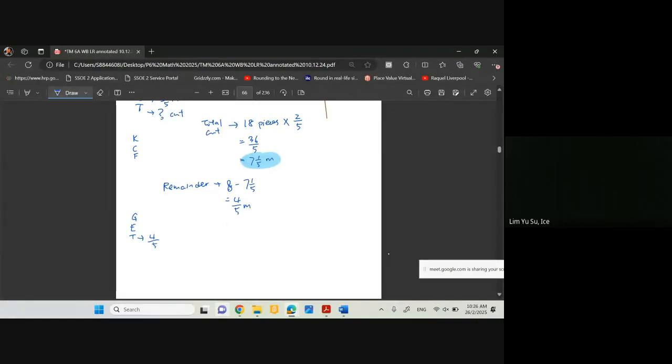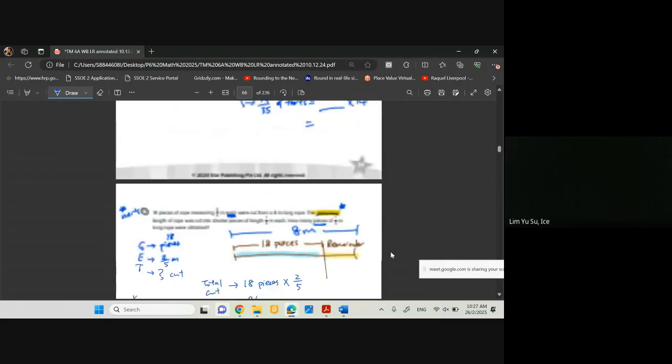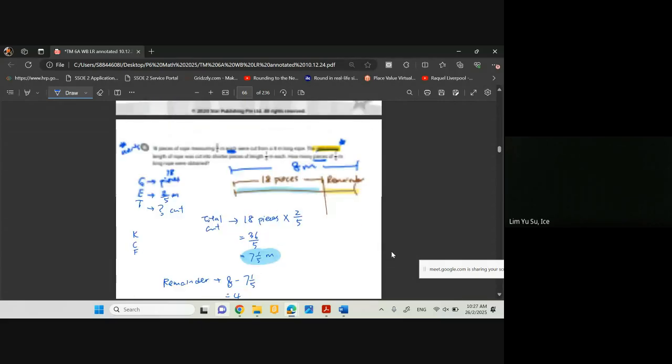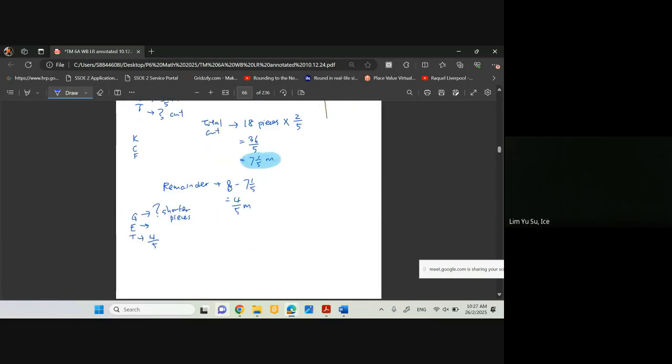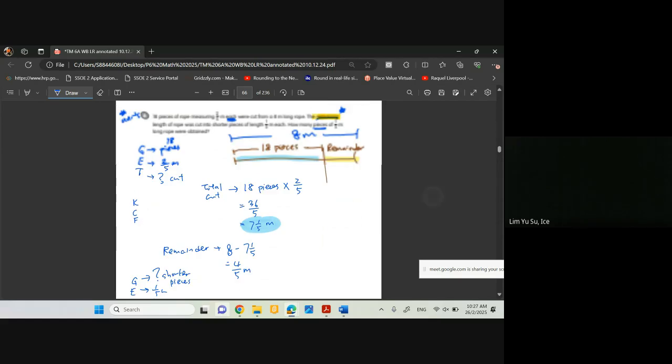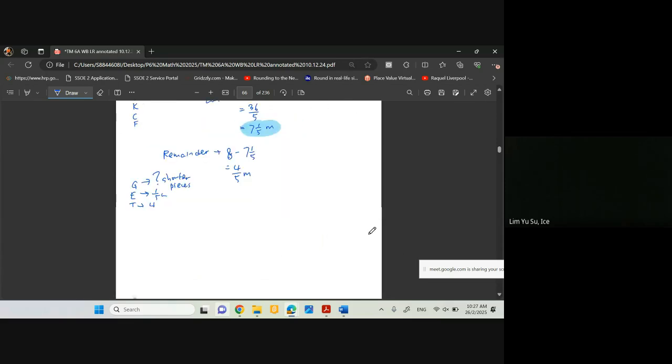Each piece then asks for how many shorter pieces. Each piece is 1/5 meter. That means I cut this yellow piece again. To find the group, same thing.